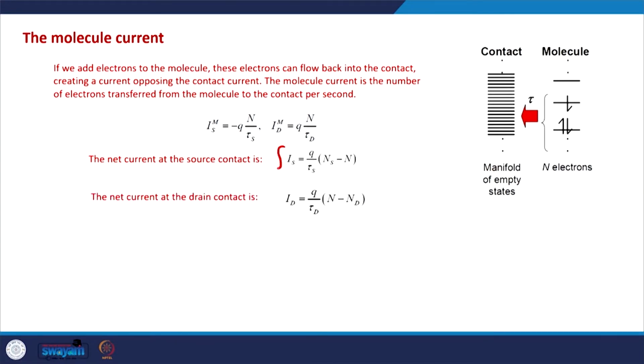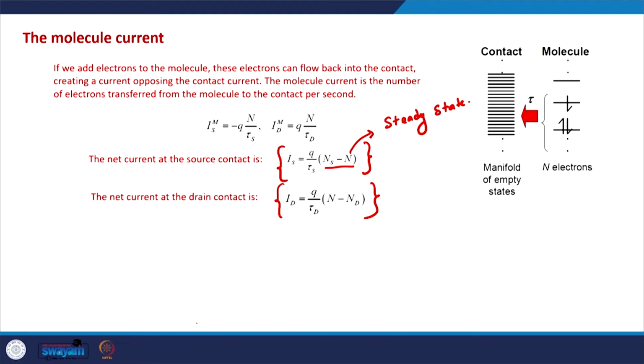The source component of the current is Q by tau s times (Ns minus n), and the drain component is Q by tau d times (n minus Nd), where n is the number of electrons in the quantum dot in steady state, and Ns and Nd are the number of electrons in the source and drain contacts.